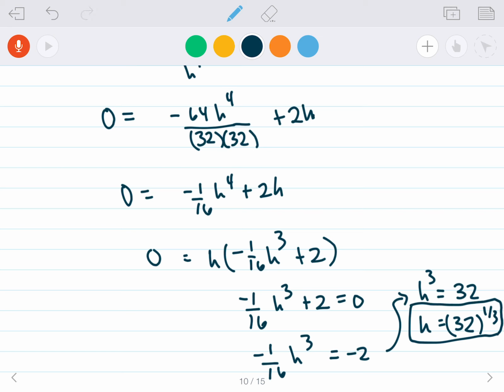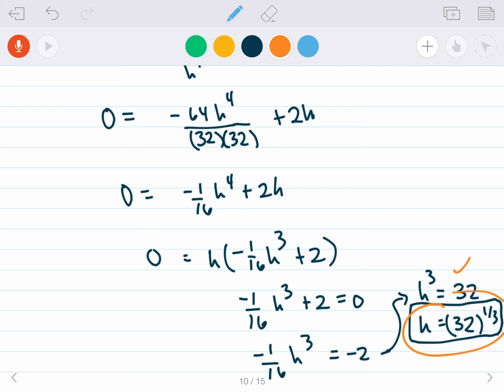And I'm not going to do this, but you should think to yourself why this is the value that minimizes the surface area and not maximizes it.